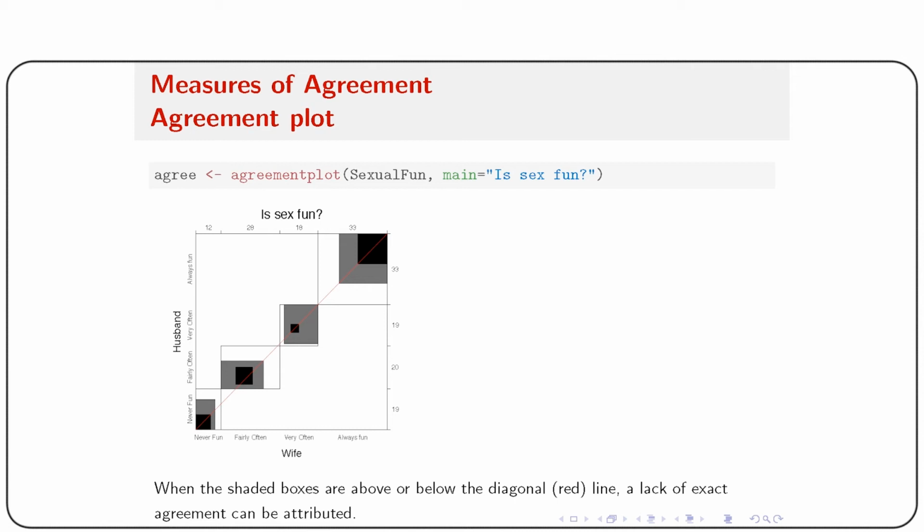Above and below the red line the areas are almost the same. Similarly for very often it's showing almost the same, but for the other two, most of the area is above the red line, so it's showing some disagreement between the first two categories.